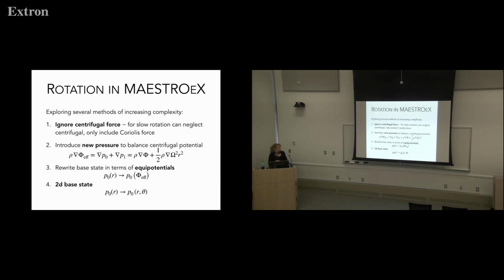And this means that the surfaces of constant gravity no longer line up with the surfaces of constant pressure. So one way that we can do this is to rewrite our base state in terms of these surfaces of constant gravity, in terms of these equipotentials instead. This basically means that we can pretend that the star is spherical, but in reality it's bulging because it's rotating quite quickly.